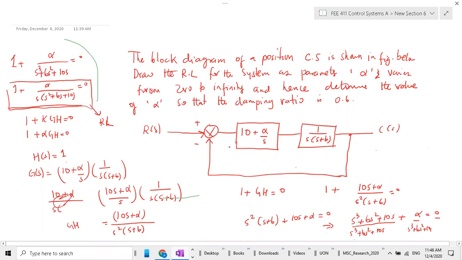If you guys don't have any question, I wish to stop from here. Next week, we'll start frequency response. No?